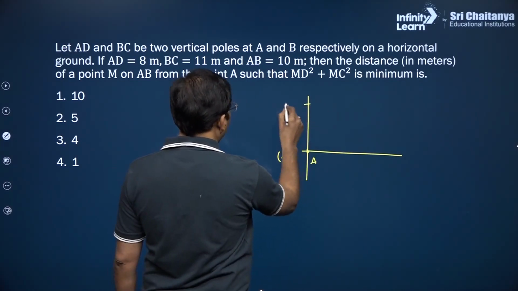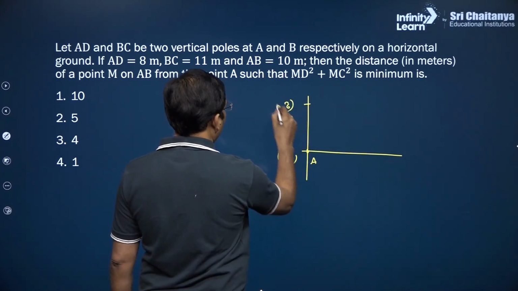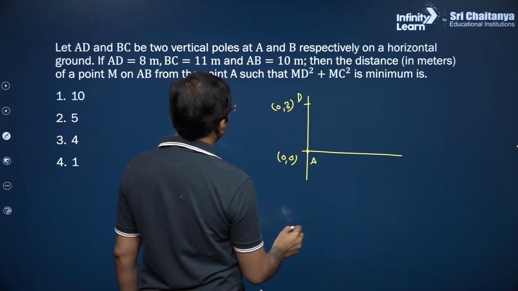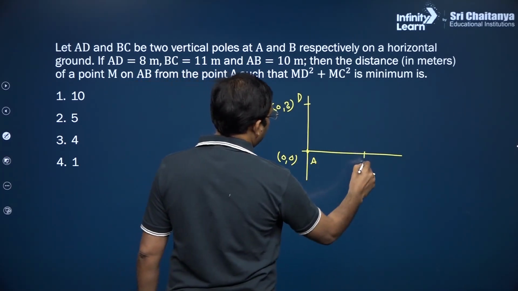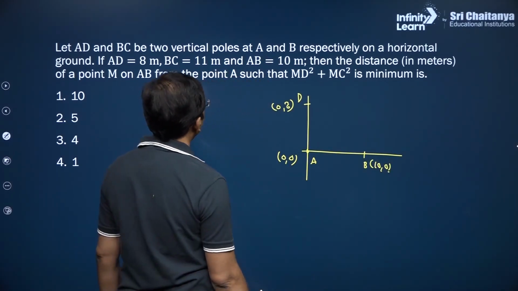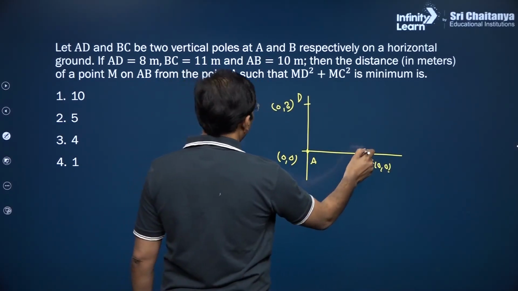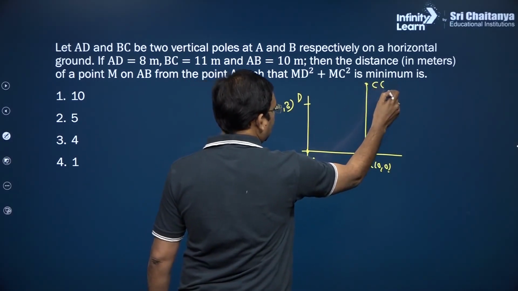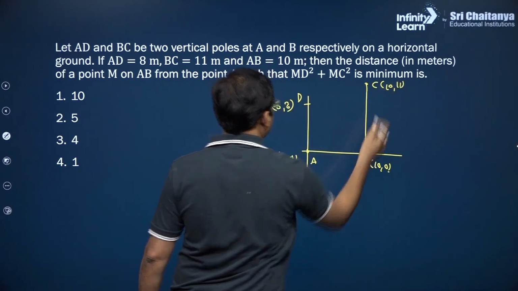So, you take here at 0, 8 AD, and BC is 11 and AB is 10, he said. AB is 10 means this point is 10, 0, and he said BC is 11 means C will be here, you can say 10, 11 it is.